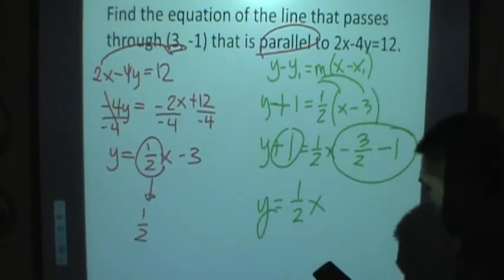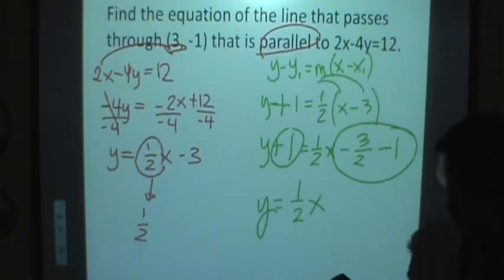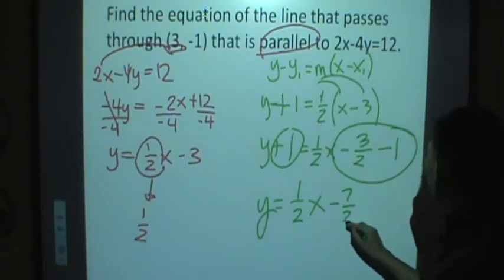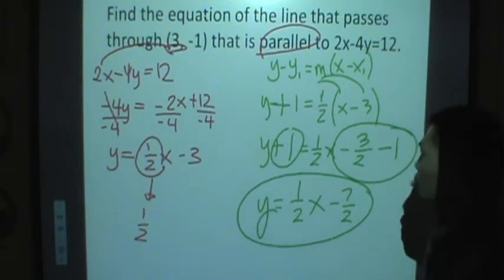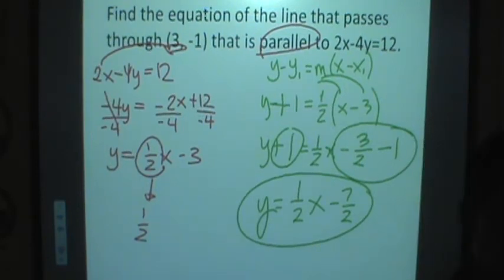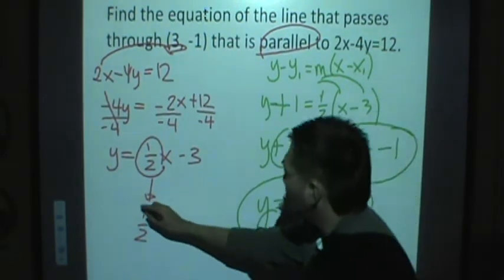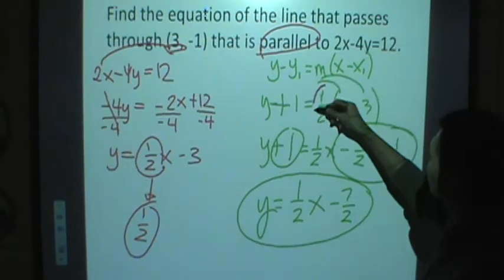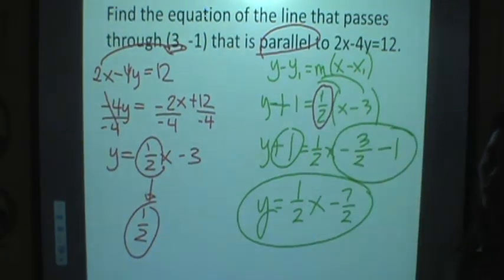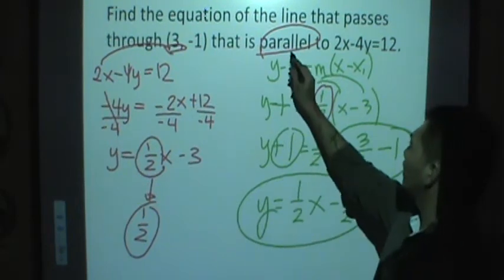Here we go, -7/2. And this is the equation of the line. Again, see that 1/2? I used the same slope just because the lines are parallel.